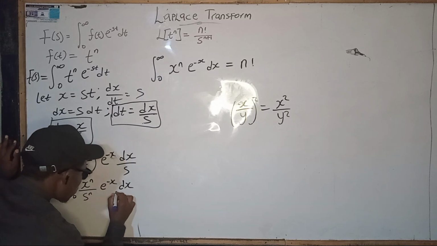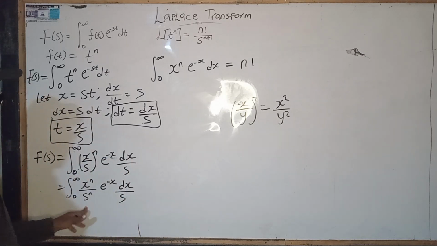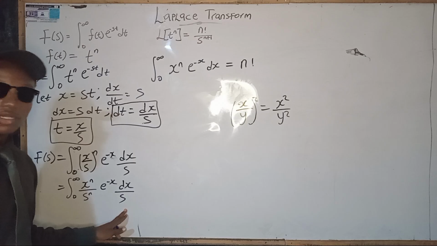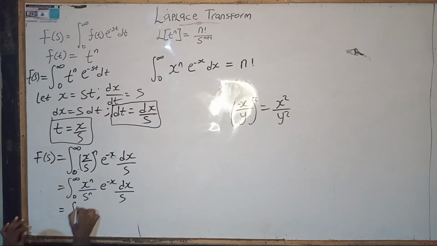over s. So in this particular scenario, this s can multiply this s right here. We are going to have the integral from infinity to 0 of x raised to the power n, e raised to the power minus x, divided by x raised to the power n times s right here.